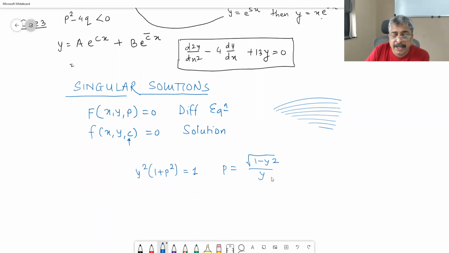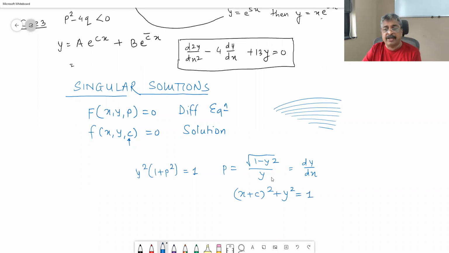And p is dy by dx, and therefore after integrating you will get x plus c bracket square plus y square is equal to 1.